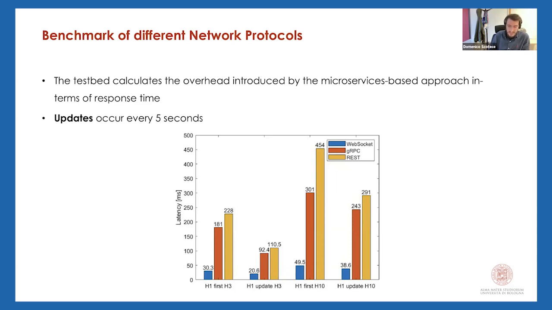But here there are the update messages, because you can set the expire time of a single rule. For the first message, for instance, H1 wants to communicate with H3, okay? The controller has to create the flow rule. The flow rule contains the path that the packet has to follow to reach the destination from the source, that is H1, for instance.